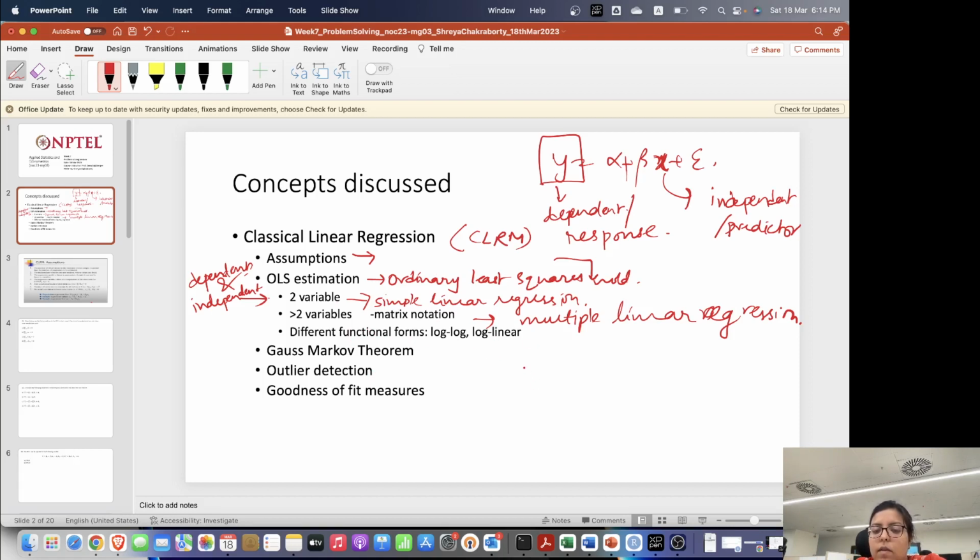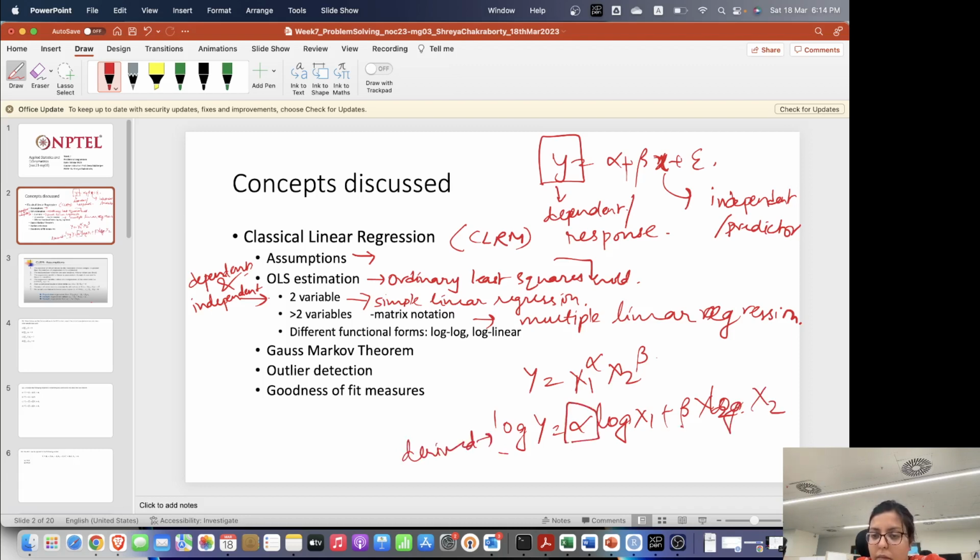So if we have something like y equal to x1 to the power alpha, x2 to the power beta, and if we take log y, then it becomes something like this, where the derived equation becomes linear in terms of the parameters.